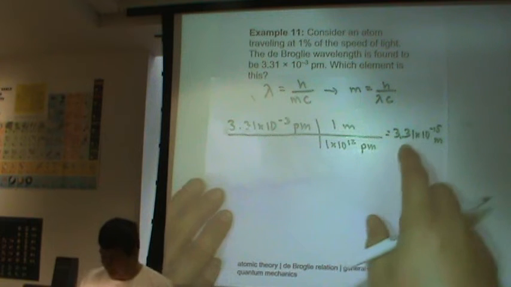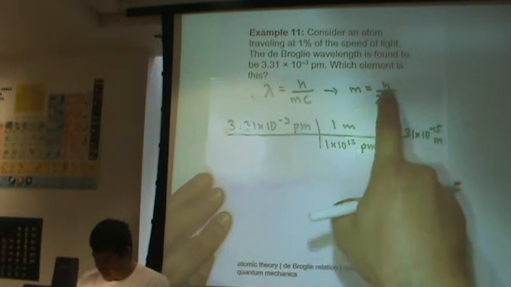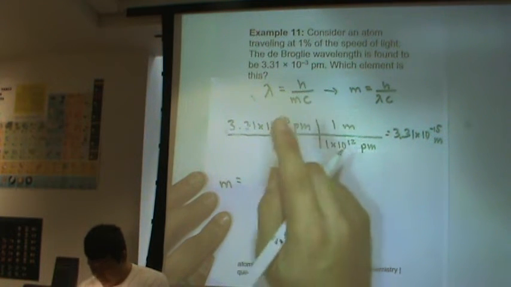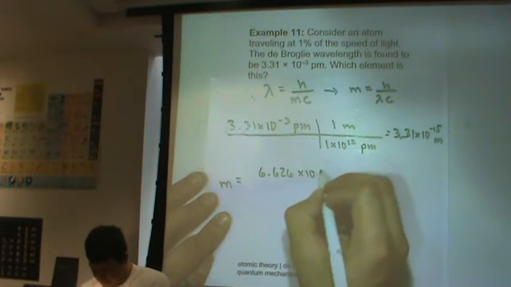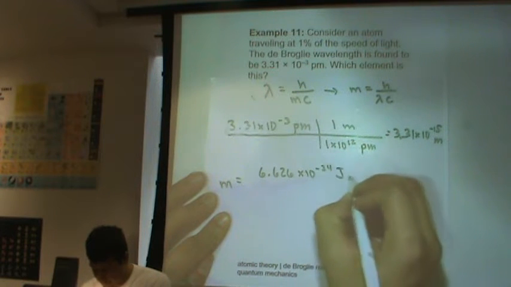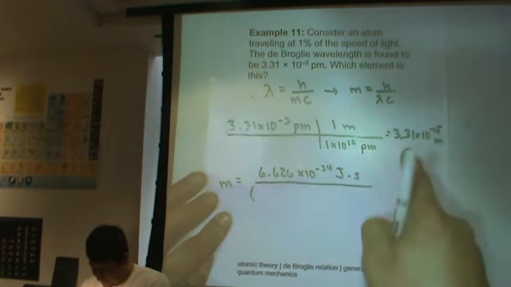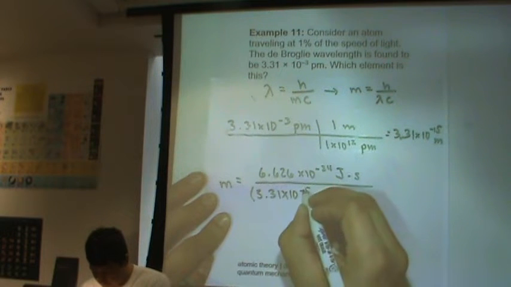So now I'm going to plug my meters into my wavelength. C is a constant, h is a constant. So the mass of one atom is going to be 6.626 times 10 to the negative 34th joule seconds over my wavelength, which I just calculated was 3.31 times 10 to the negative 15th meters.